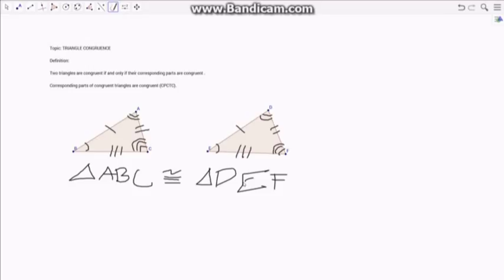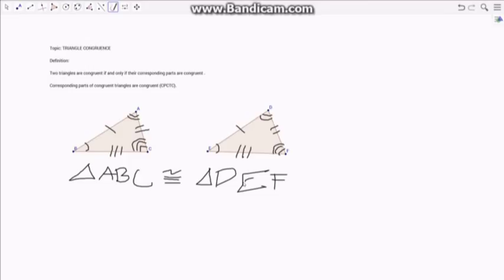These two triangles can only be said to be congruent if side AB is the same as side DE, side AC is the same as side DF, and side BC is the same as side EF.